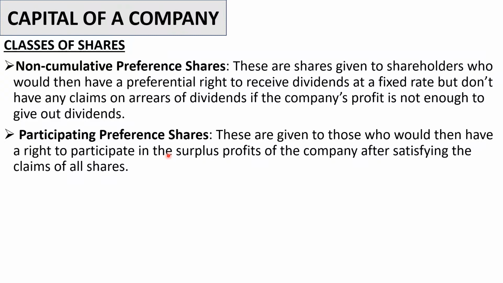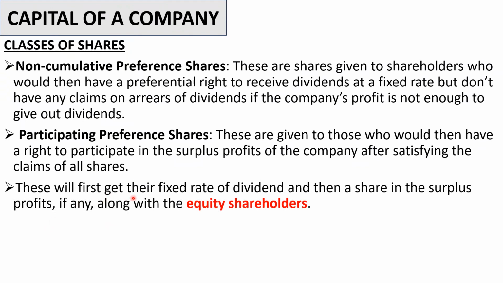Then they're also going to benefit from the surplus profit that remains. These ones benefit twice. They first get the fixed figure that was agreed, then after that they also participate in the surplus profit. The people who buy these shares are called participating preference shareholders.